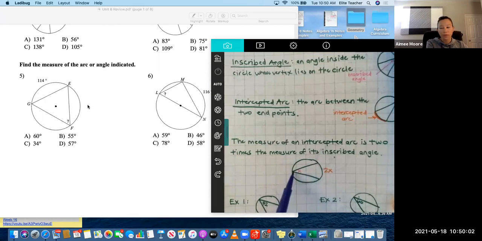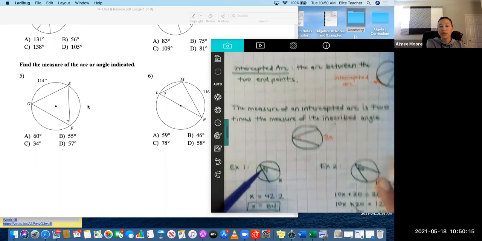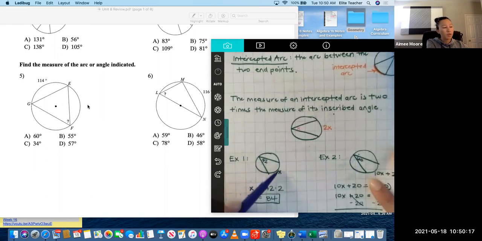It's on the circle. So now if this angle is x, then the arc is double that. It's 2 times that angle measure. So like this one, if this angle was 42 degrees, to find the arc, we have to multiply that by 2. And we see that this arc then is 84.